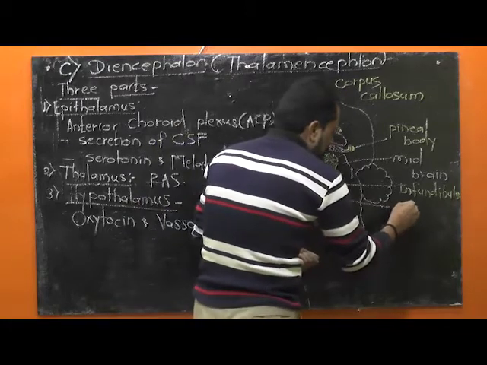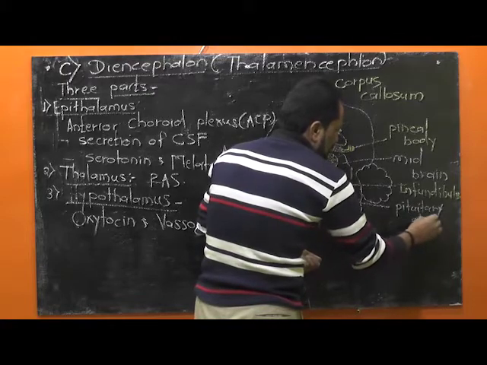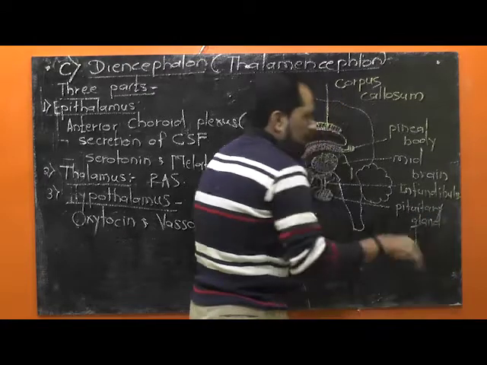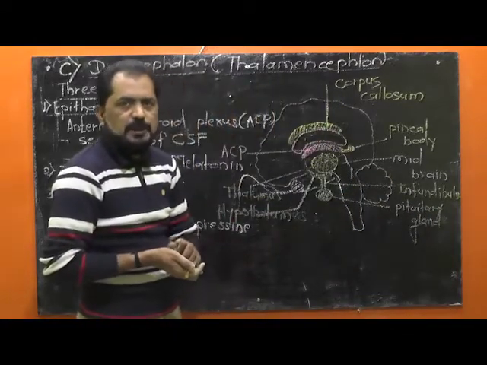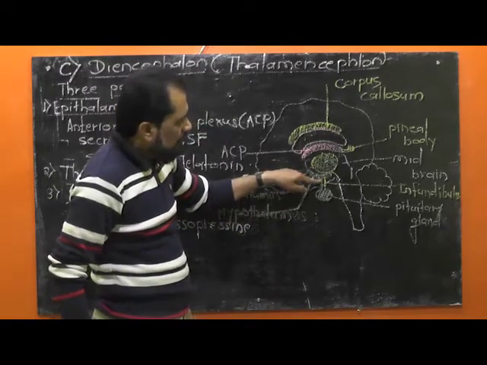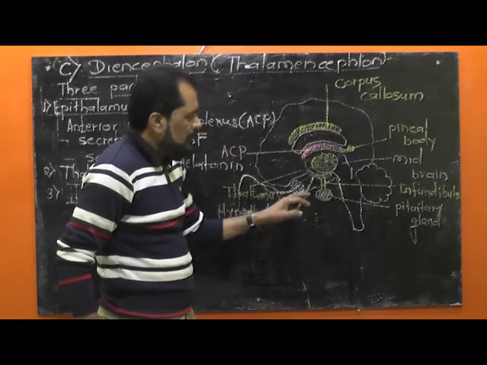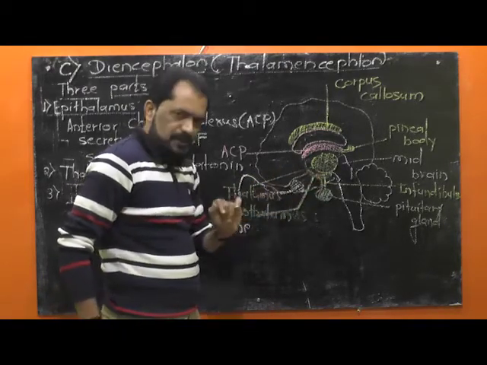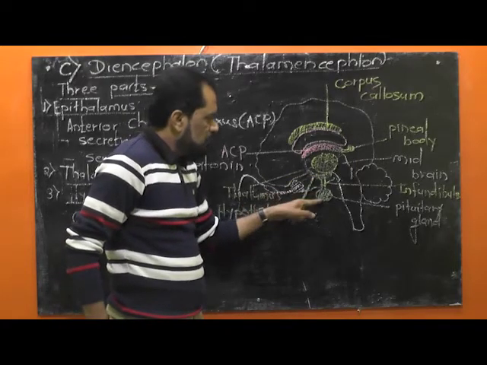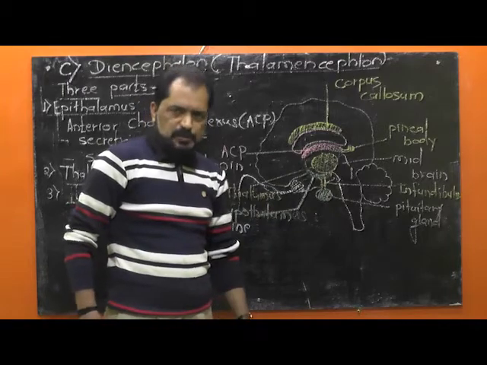Here is a pituitary gland. It is known as the master endocrine gland, about which we shall discuss in the next part of the same chapter. हायपोथॅलामसला पिट्युटरी ग्लँडशी जोडून देण्याचं काम हा infundibulum करत असतो.